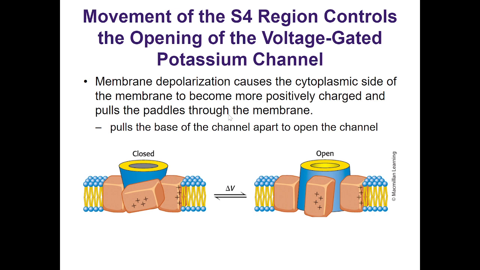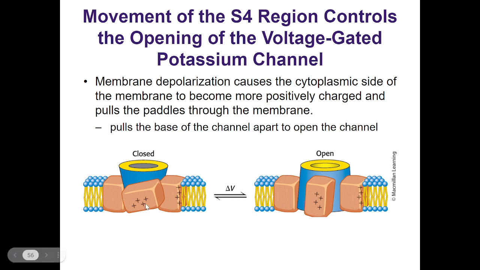This is going to pull your paddles through your membrane, like you can see here. This pulls the base of the channel apart to open the channel. So again, positive charge pulls your membranes through. And again, that change in voltage, that's going to open this channel right here.